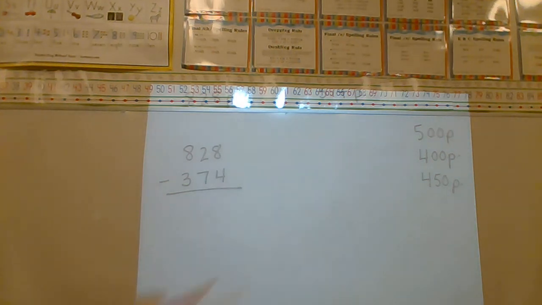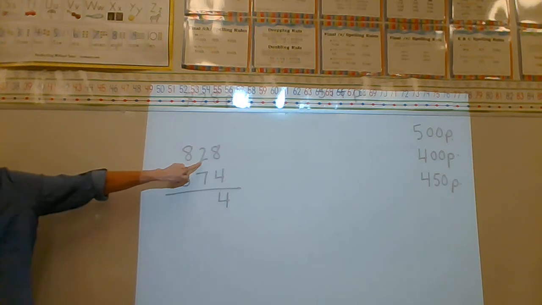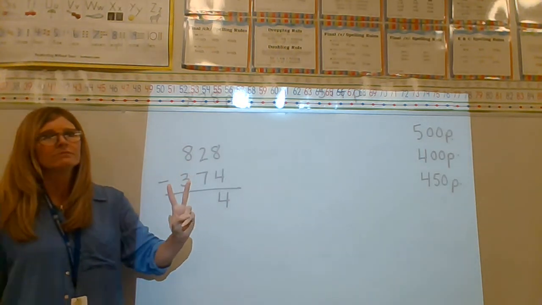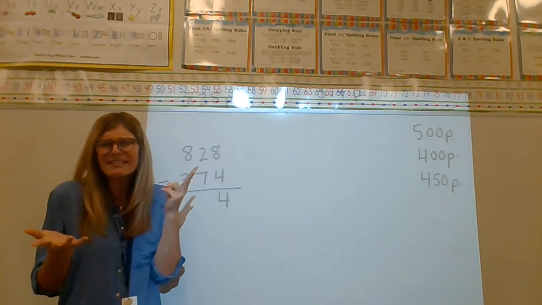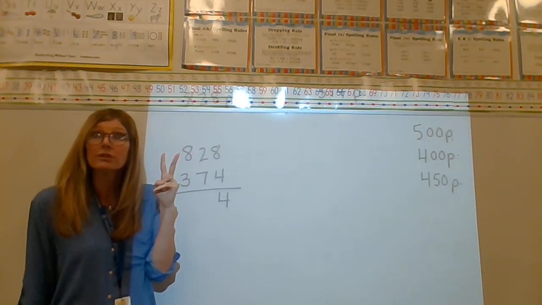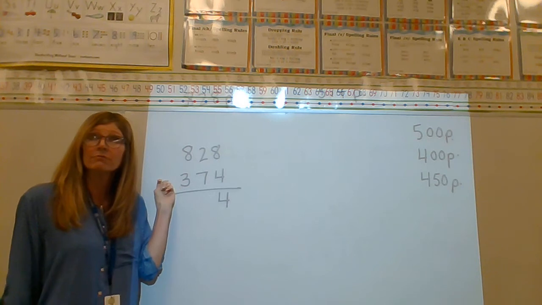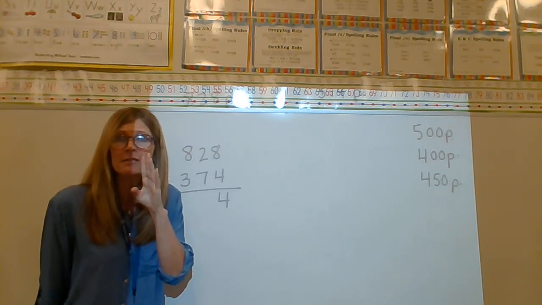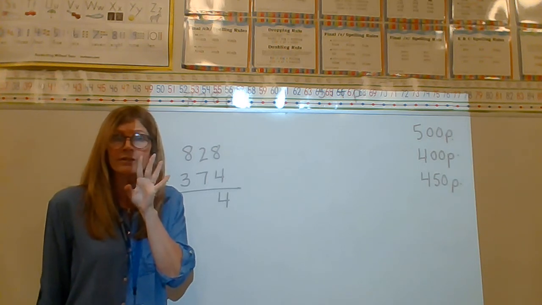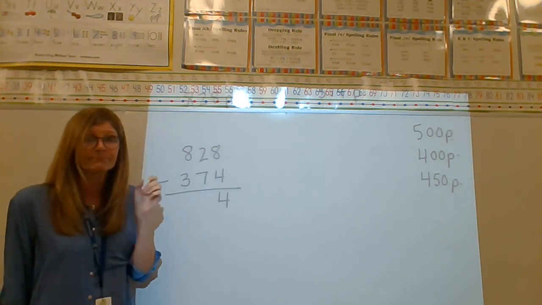Bring it straight down. All right, everybody show me 2. Everybody have up a 2? All right, if you have 2, can you take away 7? No. What do we need to do? We're going next door to the hundreds. You thought the tens were tough?